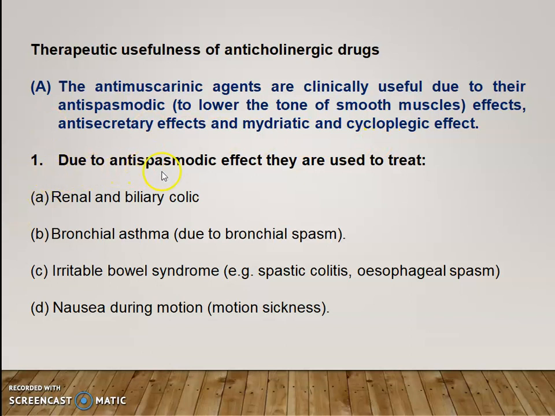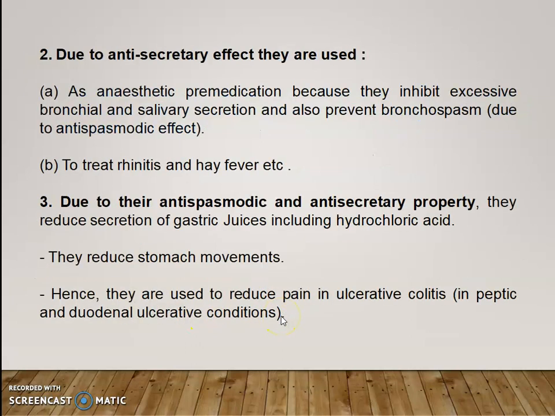First, due to the antispasmodic effect, they are used to treat renal and biliary colic, then bronchial asthma due to bronchial spasm, irritable bowel syndrome, for example spastic colitis and esophageal spasm, then nausea during motion sickness.